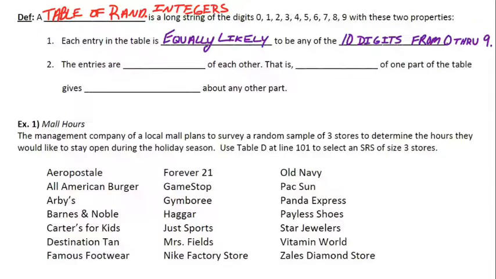The other thing is this. Here's the important one: the entries are independent of each other. That means knowledge of one part of the table doesn't give you any further information about any other part. For example, let's say I'm reading off the table and I go 1 and then I hit a 7 and a 7.